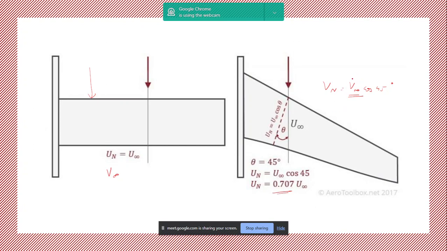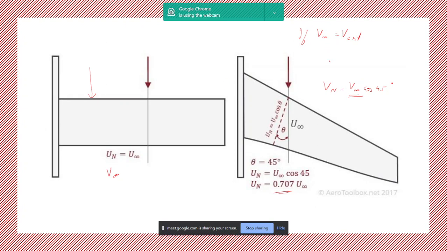What happens here is, suppose v infinity was v critical, corresponding to critical Mach number. If it was a straight wing, you reach critical Mach number, at some point on the airfoil you have supersonic flow, and all of the other disadvantages associated with it follow.